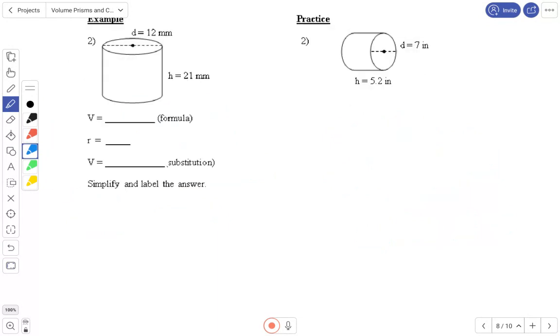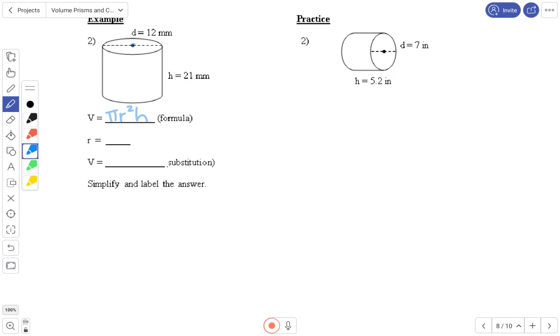All right, here's another example. Okay, we're still finding the volume of a cylinder. Now this one is just a little bit different than the last example, because when I look at this, I say, okay, my formula is pi r squared h. But when I look at my cylinder, I don't know the radius.